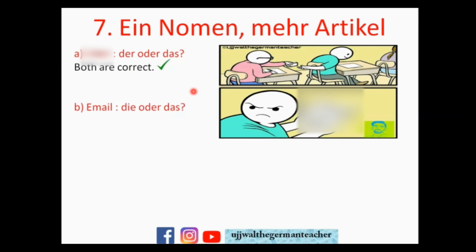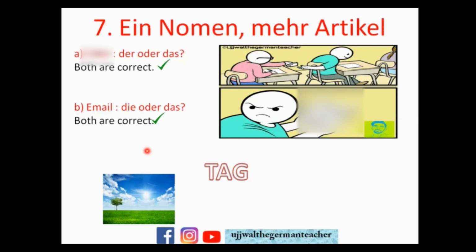So there are many examples. Let me quote just one more example here. Email. So it's der or das. So both are correct. It's der Email also and das Email also. Now the next concept in this slide is you have this word TAG. This also has two articles possible, but then they have a completely different meaning.